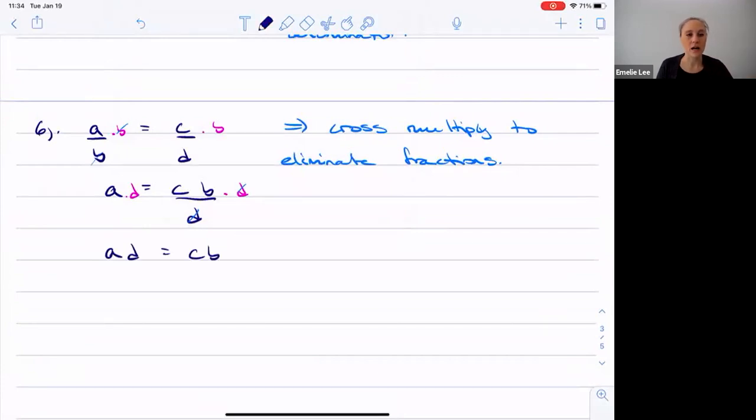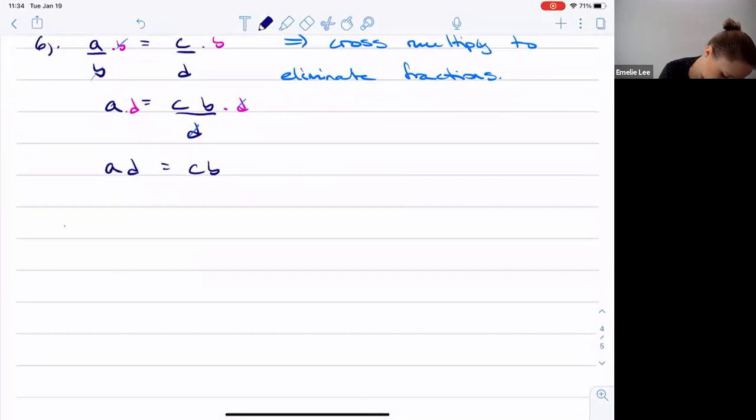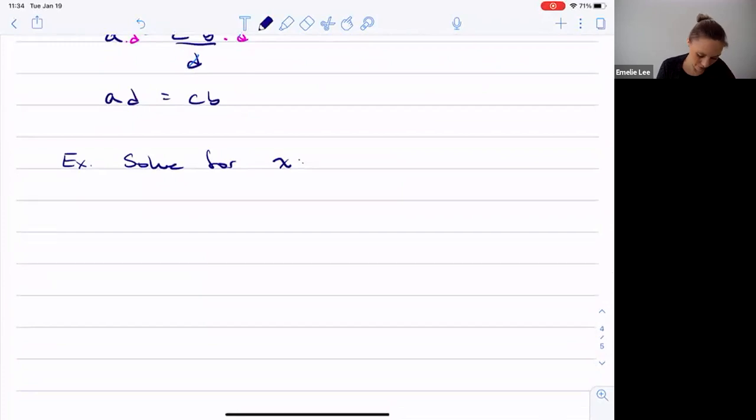Okay. Cross multiplying is very useful if you're solving for x. So for example, solve for x. We've got something like 45 over 21 is equal to x over 77.